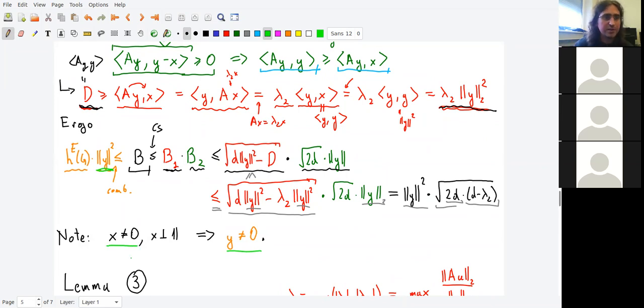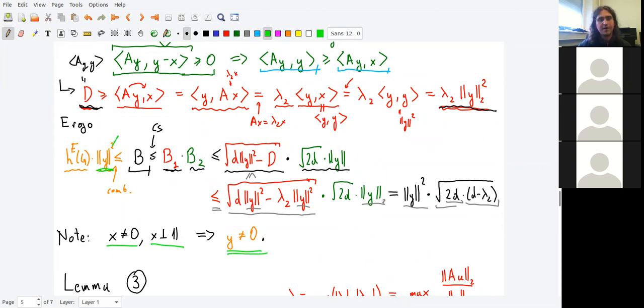Well, it was an eigenvector, so it better be non-zero, and it was also perpendicular to all ones. So if I have a non-zero vector that is perpendicular to all ones, it needs to have both positive entries and negative entries. So the positive part of x is actually non-zero. So now y is a non-zero vector.